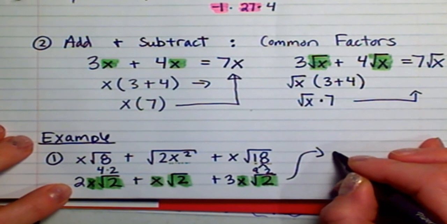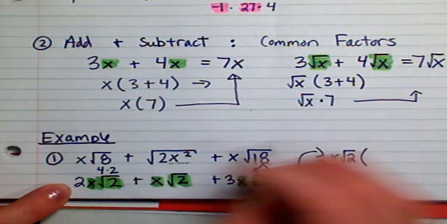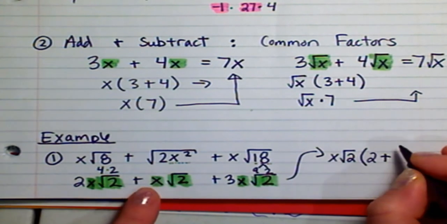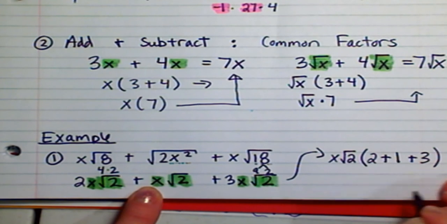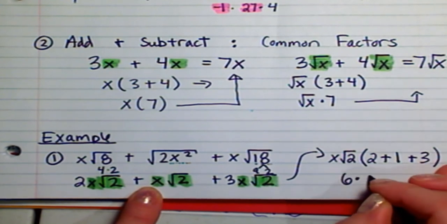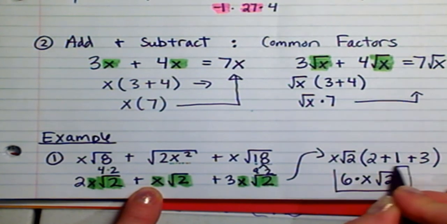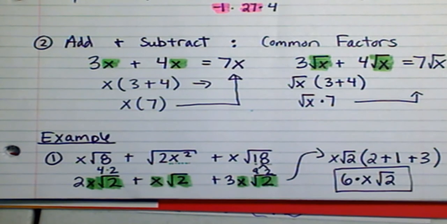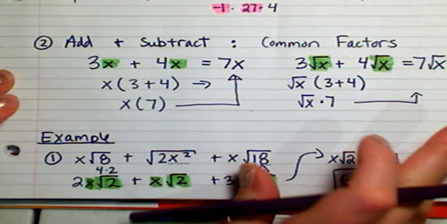All right, so we get x root 2 comes out, and we're left with 2 plus 1 plus 3. So there's 6 of them. Okay, 6. Usually, you put that coefficient in the front. All right, so we're going to go ahead and do a second example.